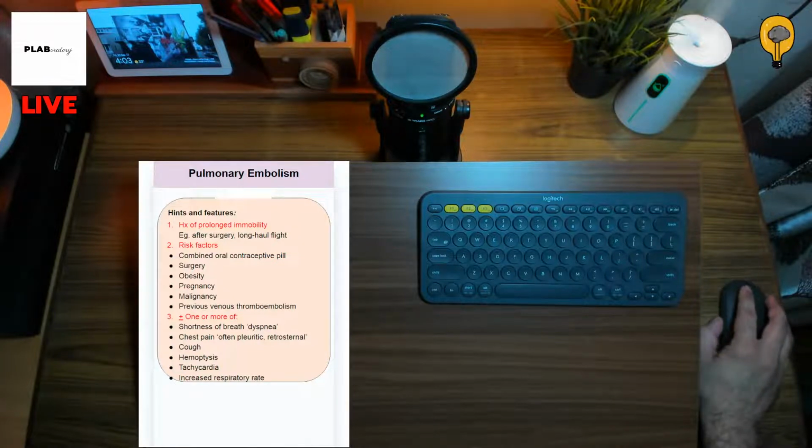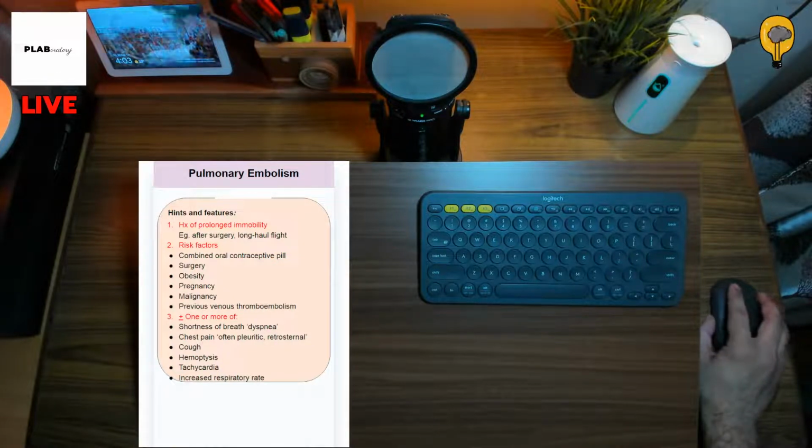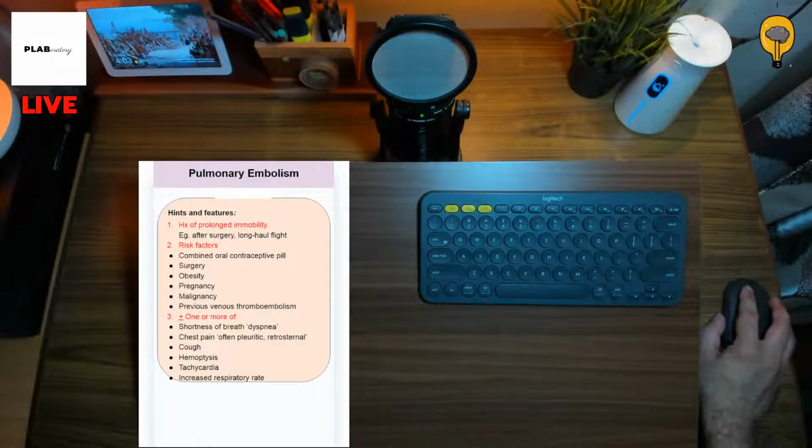A chest x-ray is useful to rule out other causes of shortness of breath like pneumonia or pneumothorax, and if pneumothorax or pneumonia is detected, then that diagnosis is likely the cause of the shortness of breath, and the patient may not even need a CT pulmonary angiogram.